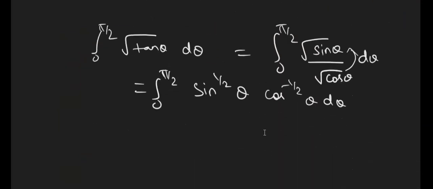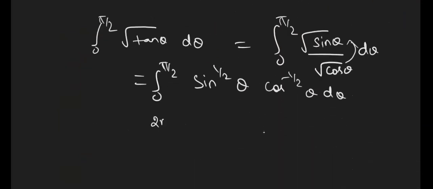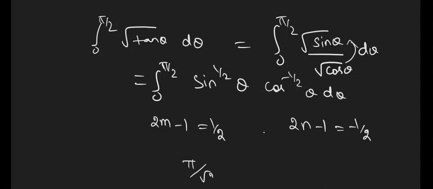Just substitute the values. In the place of 2m minus 1, plus 1 by 2. In the place of 2n minus 1, minus 1 by 2. And you can simplify and get the desired result by getting m and n. So you will get the answer as pi by root 2.